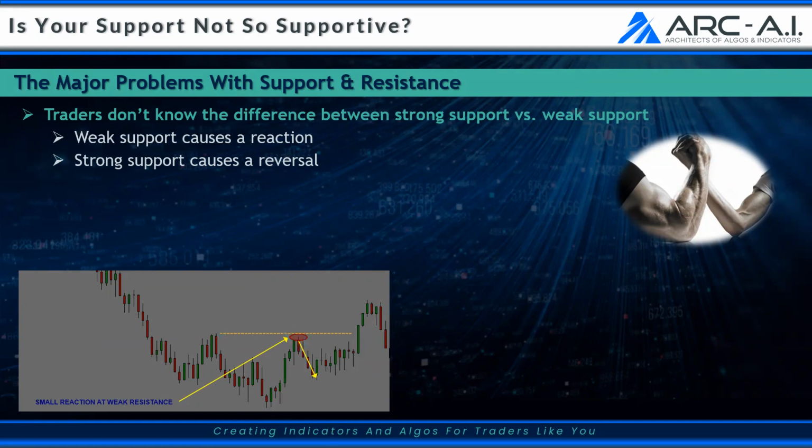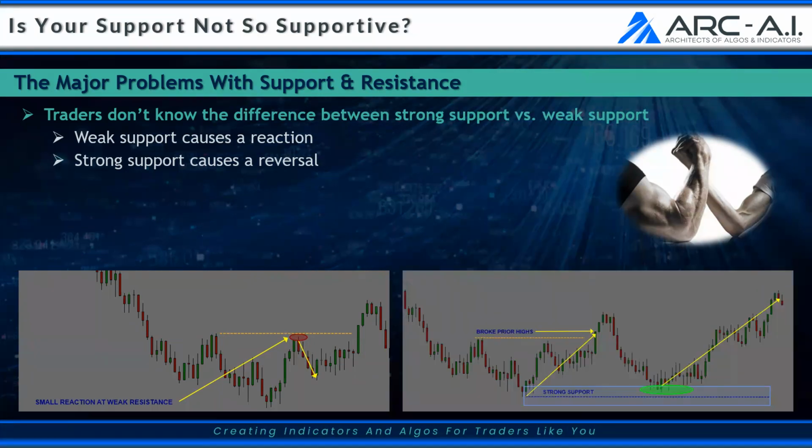Then in the next example, we can see that there is strong support that is held down here and then ultimately rallies the market out. We can tell where these weak and strong support areas are, and we're going to talk about how to identify those so that you can ultimately know once and for all where to draw your support and resistance.